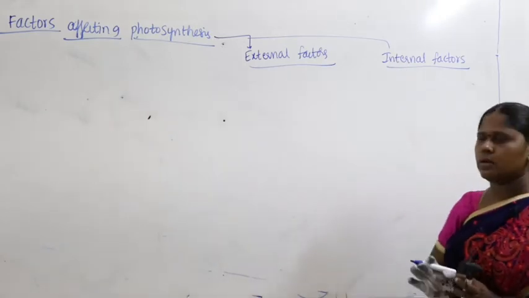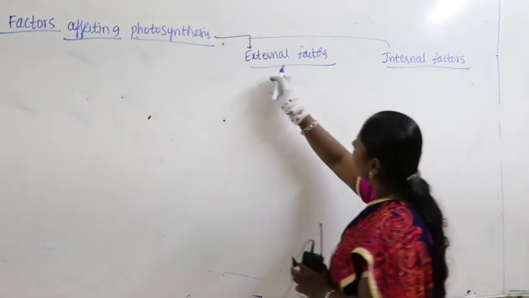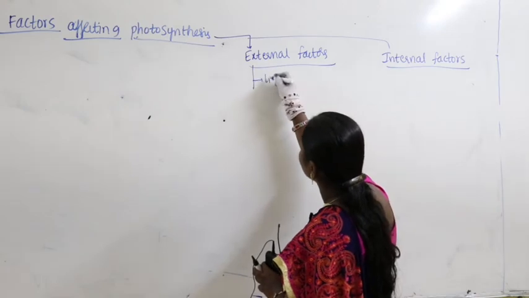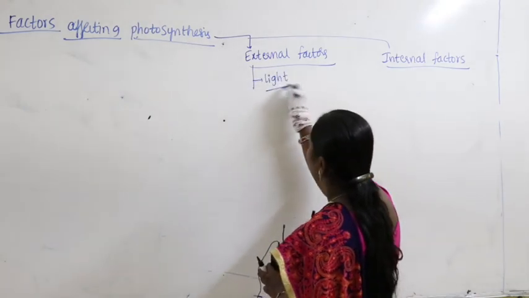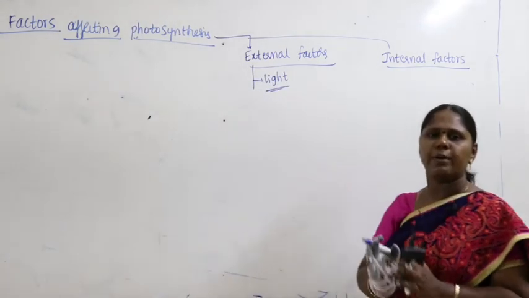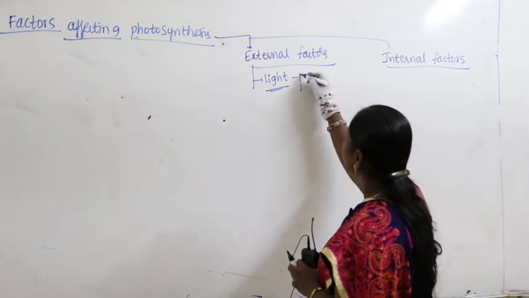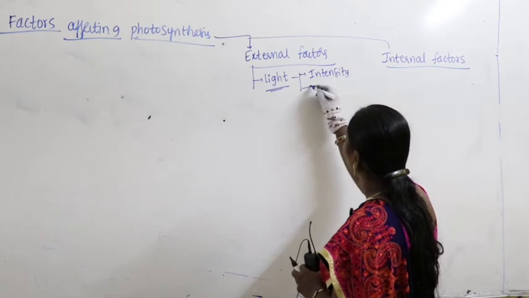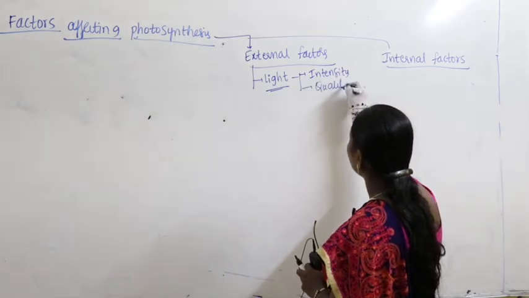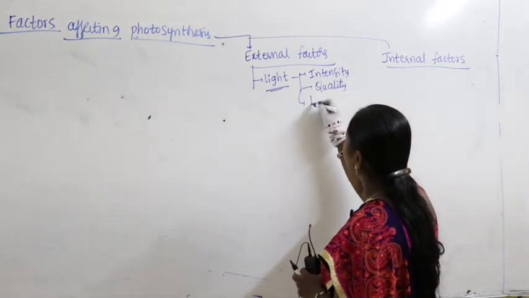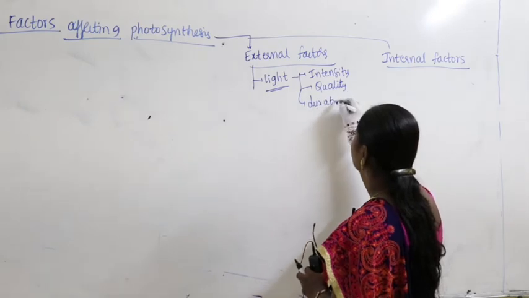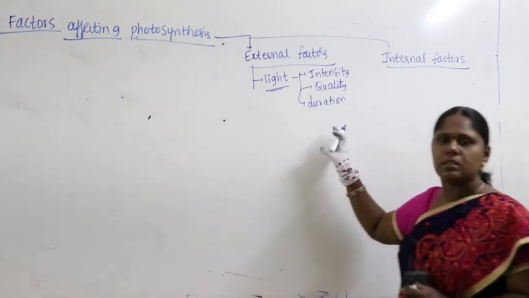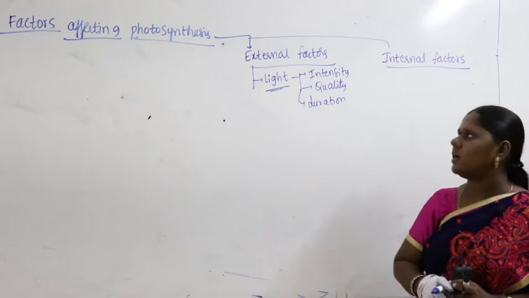If you take the external factors, we have discussed light. What are the three important aspects of light? Light intensity, light quality, and duration of light. These three parameters we studied in the last class.